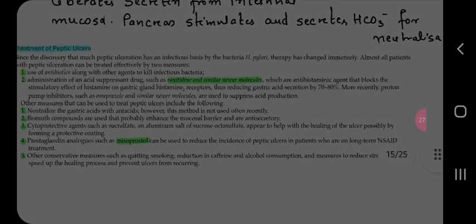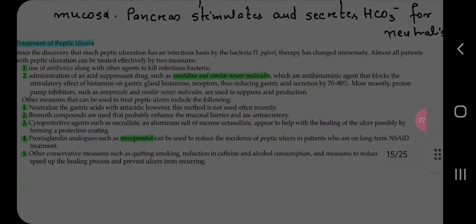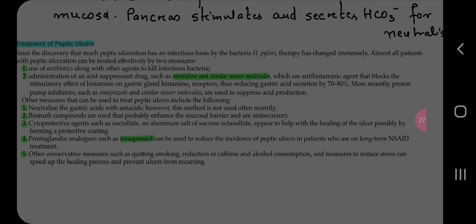Almost all patients with peptic ulcers can be treated effectively by two measures: use of antibiotics along with other agents to kill the infectious bacteria, and administration of an acid suppressant drug such as ranitidine and similar newer molecules, which are antihistaminic agents that block the stimulatory effect of histamine on gastric gland histamine receptors and reduce gastric acid secretion by 70 to 80%. More recently, proton pump inhibitors such as omeprazole and similar newer molecules are used to suppress acid production.